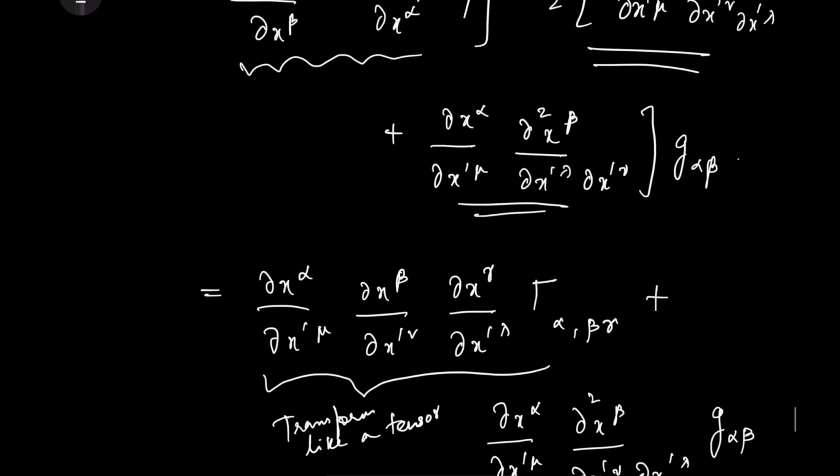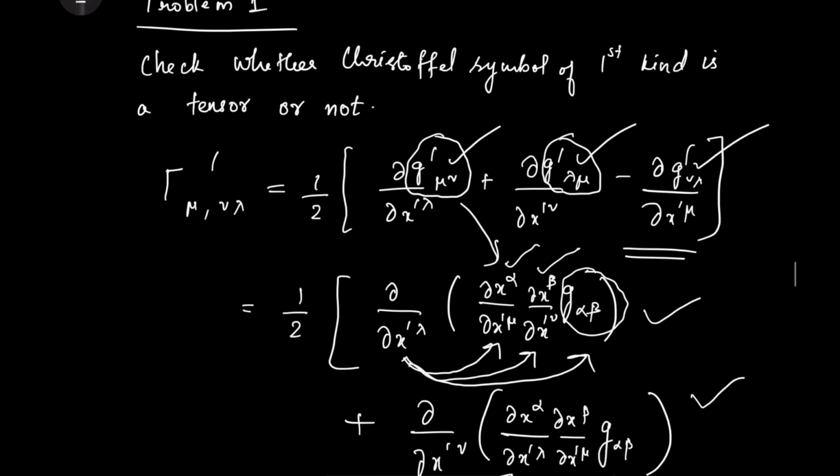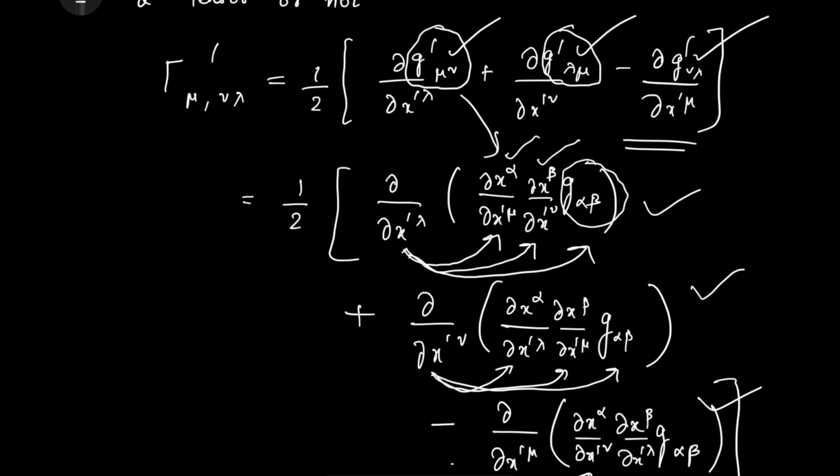So the problem was to check whether the Christoffel symbol of first kind is a tensor or not. So we started with the transformation of Christoffel symbol. First we wrote the definition of Christoffel symbol. Then each and every quantity we transformed to a new coordinate, right?